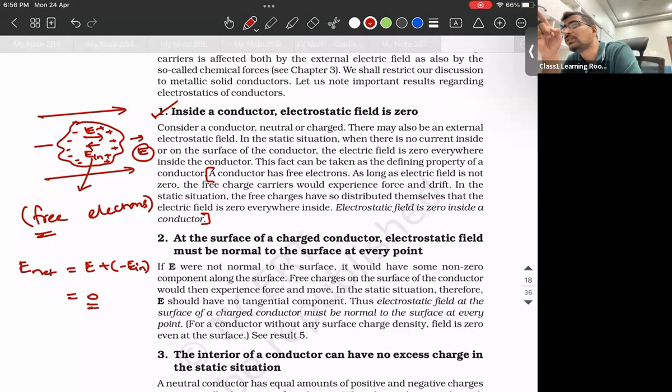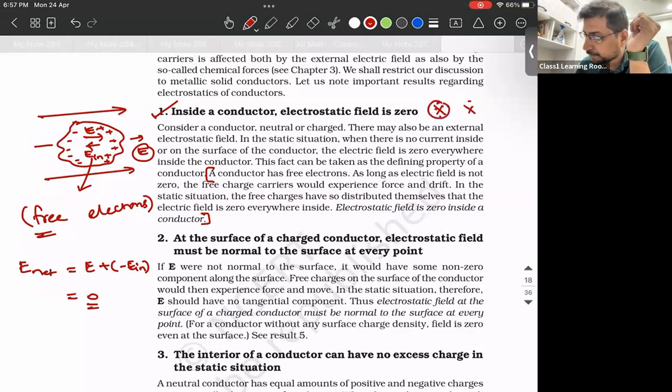And the positive charge will be to the right, so that the induced electric field in this scenario will be exactly equal to the external electric field. Hence, the net electric field inside is going to be 0. That is a point that is to be noted. Is this clear? As I told you, this is a very, very important point.